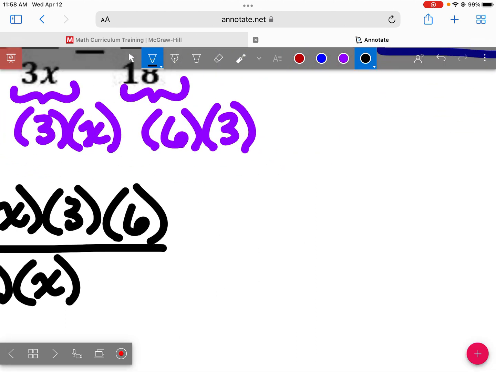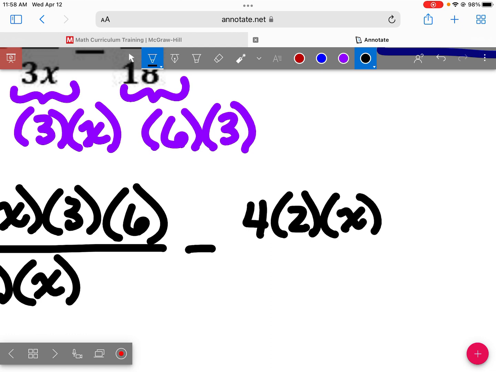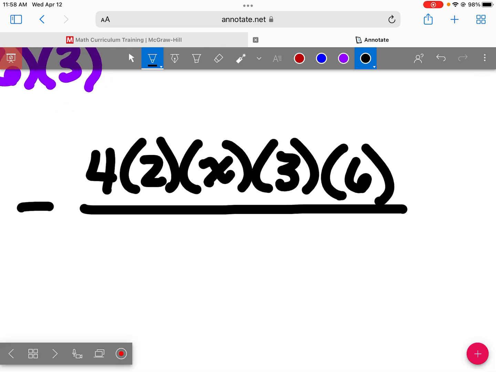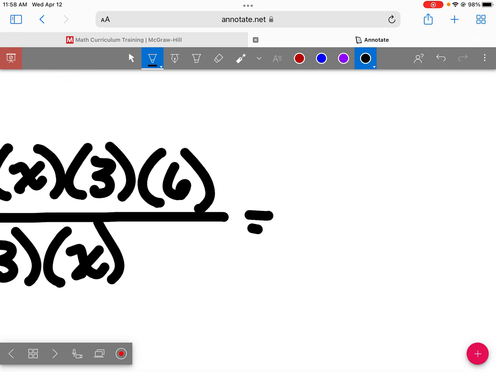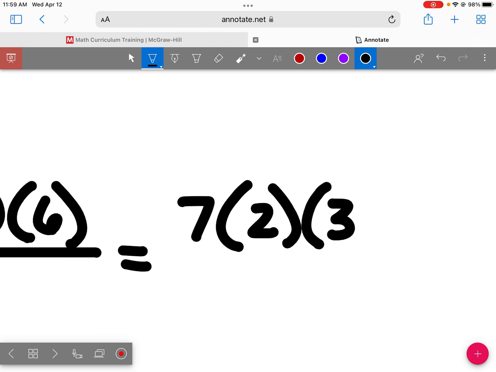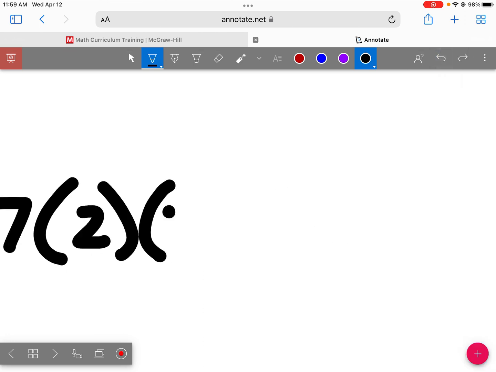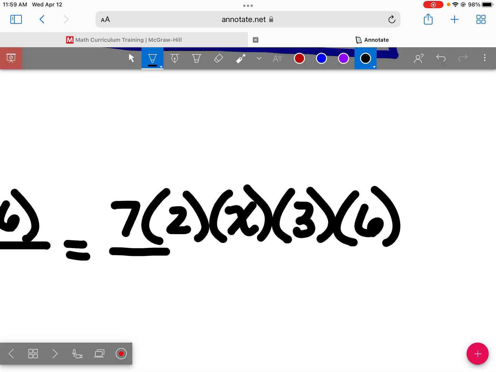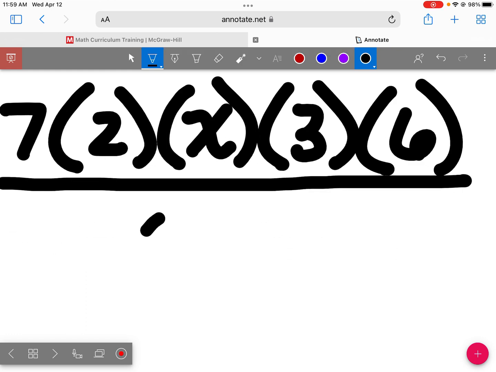I'm going to bring down that minus sign, and then we have 4 times 2 times x times 3 times 6 all over 3 times x. And then this last fraction, I have 7 times 2 times x times 3 times 6, all over what? 6 times 3.